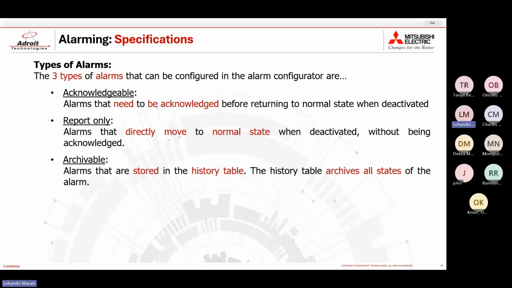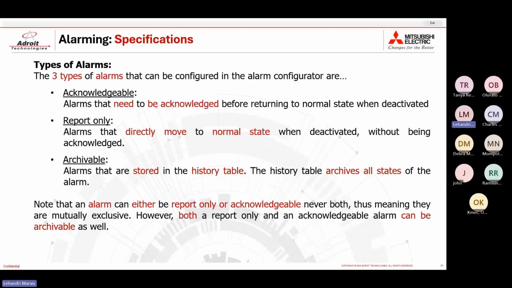This history table can archive up to 256 alarms, and just as a general note, you are able to configure up to 64 alarms for the GOC. Now, when it comes to these types of alarms, you can either configure an acknowledgeable alarm or a report-only alarm.